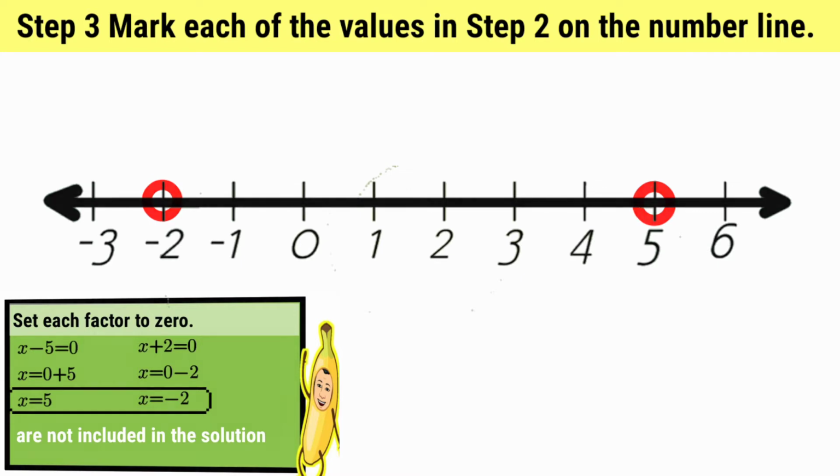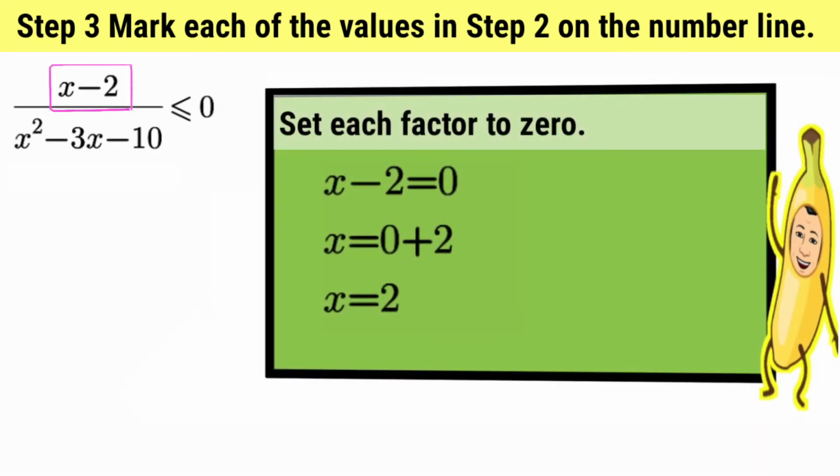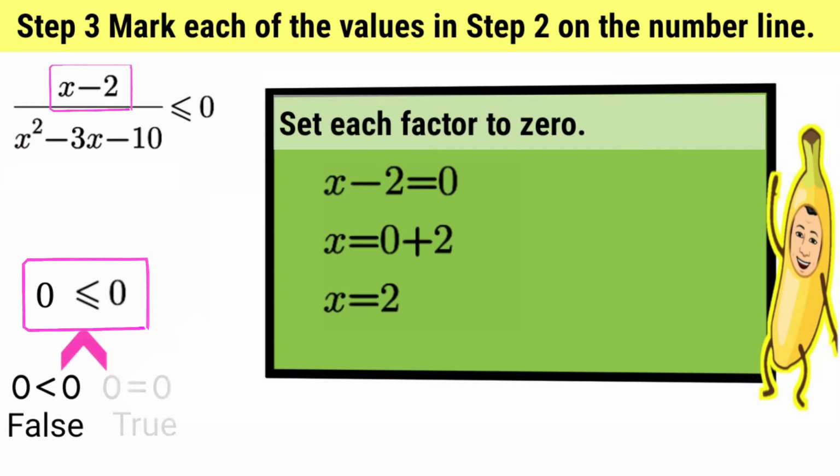Alright. On the other hand, positive 2 is the value that will make the numerator 0. So what will happen when the numerator is 0? The rational expression becomes 0. After substituting x is equal to positive 2, one of the resulting statements is true. 0 is not less than 0, but 0 is equal to 0.